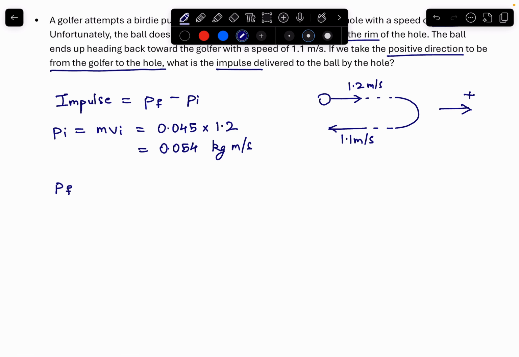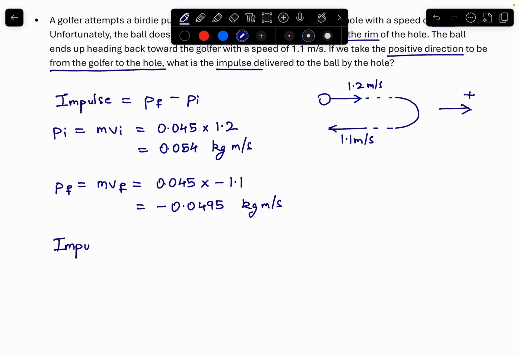Now the final momentum is again m v final. So the mass is 0.045 and the velocity is negative because it's in the negative direction, 1.1. And this is equal to negative 0.0495 kg meters per second.